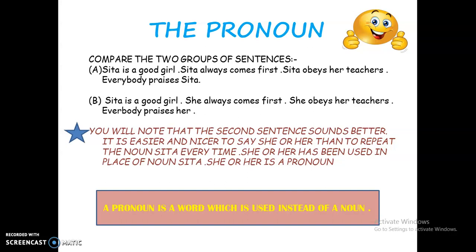So here she is a pronoun, which is helping us to eradicate the repetition of nouns while talking to someone or while writing something. So this is what pronouns actually are.